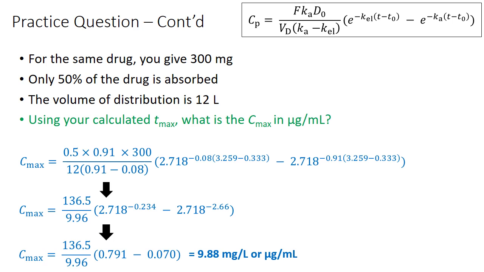I'll give you a different dose, different fraction absorbed, different volume of distribution. And I can't promise you that I won't change the units, so you'll potentially have to convert them.